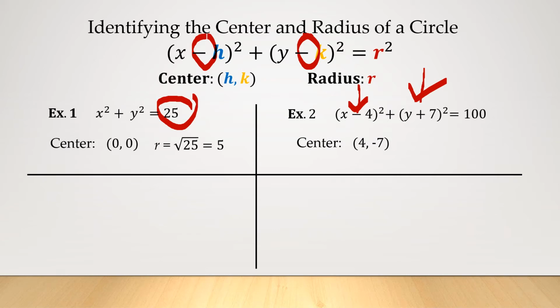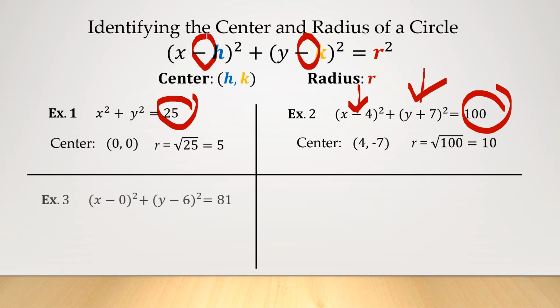So the center of this circle is 4, negative 7. Now the radius is taking this number 100, and we're going to take the square root of it. And the square root of 100 is 10. In example 3, notice that 0 is being subtracted from x. So our h is going to be 0. Notice that 6 is being subtracted from y.